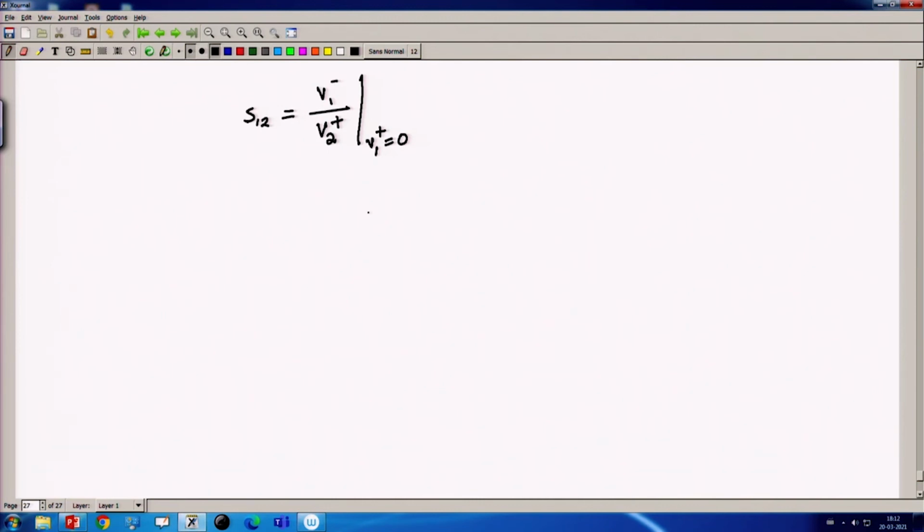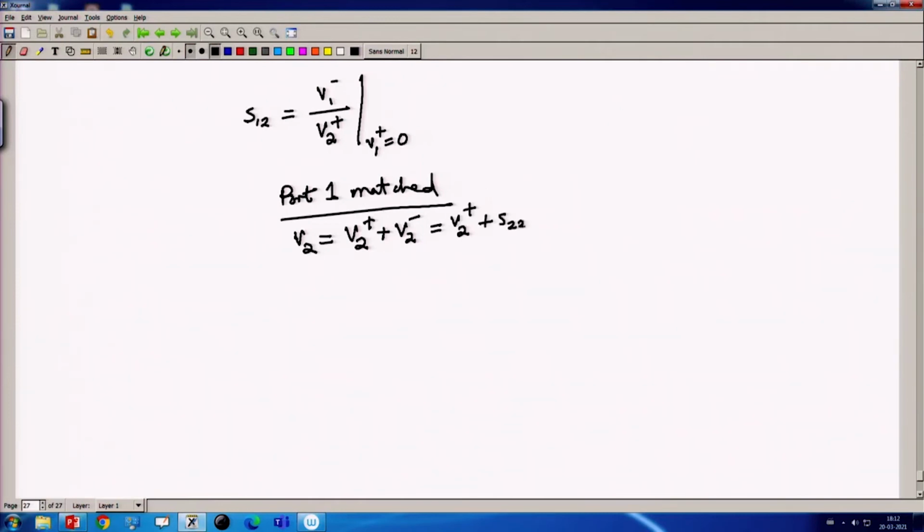So with port 1 matched, V2 is V2 plus plus V2 minus, that is V2 plus plus S22 V2 plus.